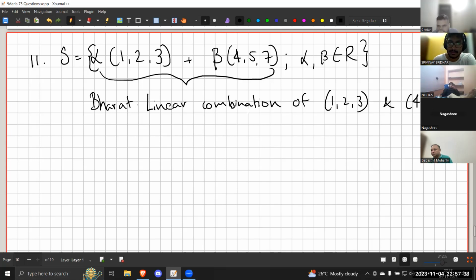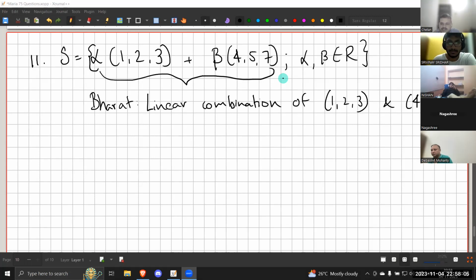Nagashri, can you type in the chat because your voice is very faint and breaking. Maybe Chitturaja can also type in. Why does Chitturaja think this is a subspace? Chitturaja, can you unmute and tell us why you think it's a subspace? Or maybe you can type in the chat.